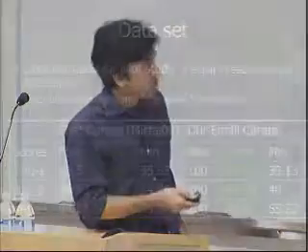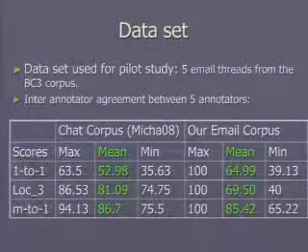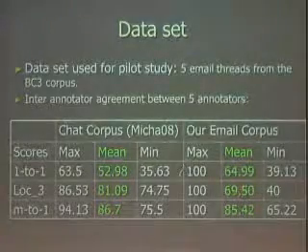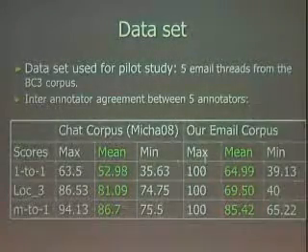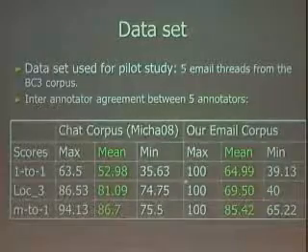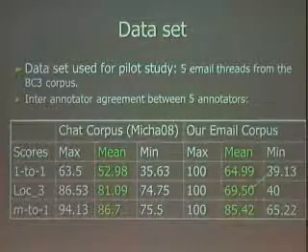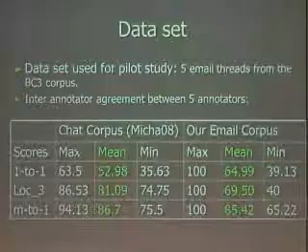But we made the annotators write the name of the topic. So our results are something like this: the inter-annotator agreement on the email corpus. In one of the emails there is 100%, they all agree. And this is the minimum agreement, and this is the mean agreement.